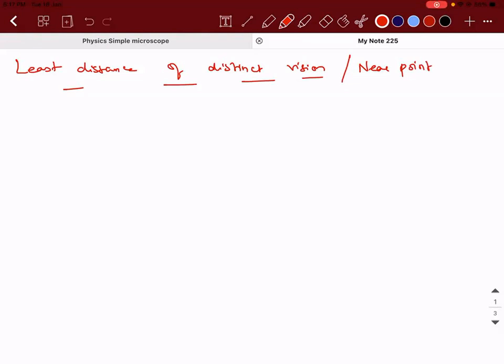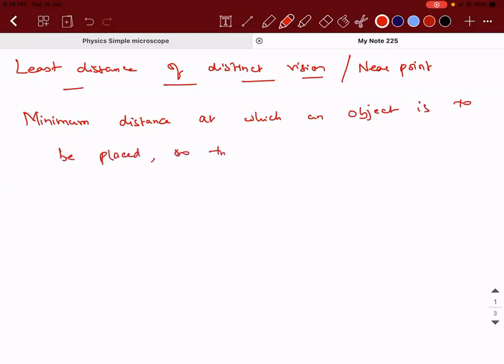Least distance of distinct vision is also called the near point. What it actually means is the minimum distance at which an object is to be placed so that we are able to see the object clearly without a strain.